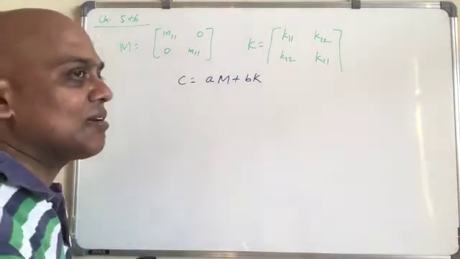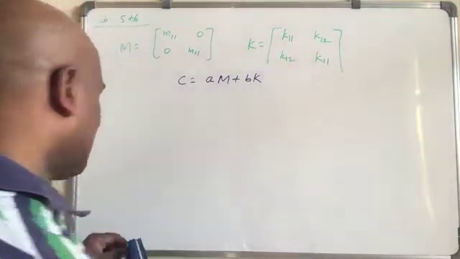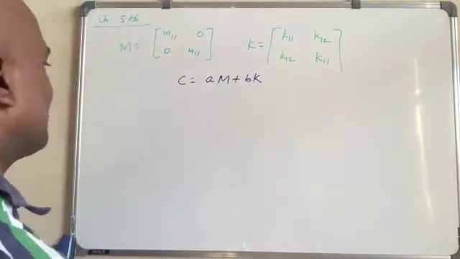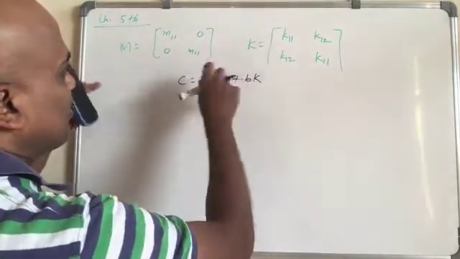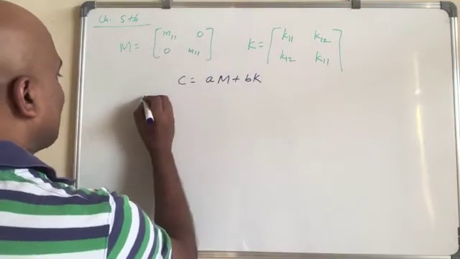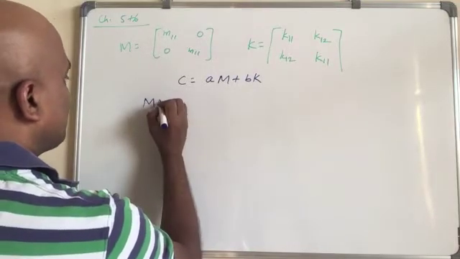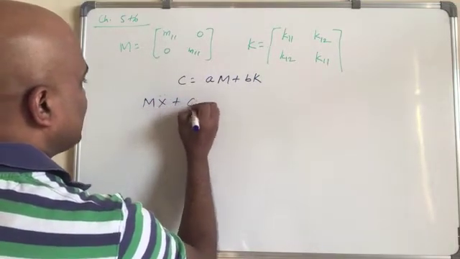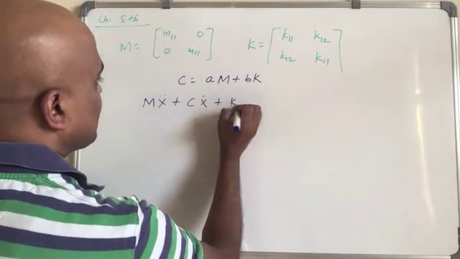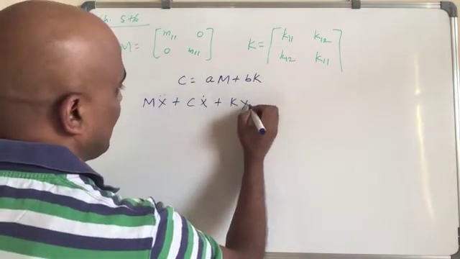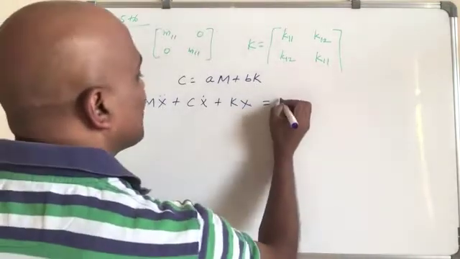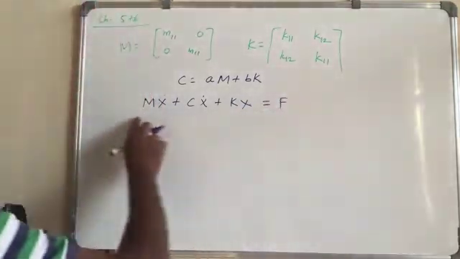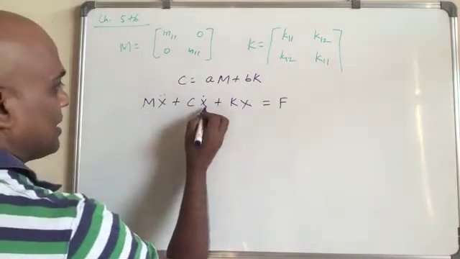So finally, what equation do we get? If you see the lecture video, after multiplying the modal matrices, we start with M x double dot plus C x dot plus K x equal to any force F. All are vectors, just like x.